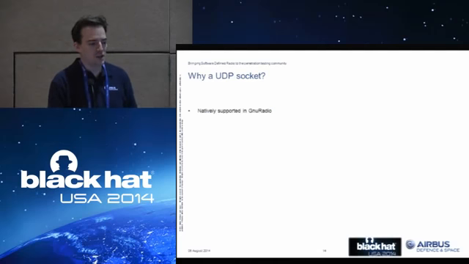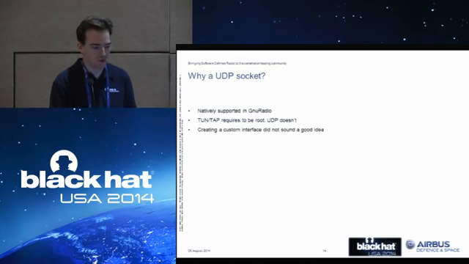Why use a UDP socket? Well, first, it's natively supported under GNU Radio. It also supports TUN/TAP, but this one requires root, and we didn't find any reason to run our tool under a root privileges account.